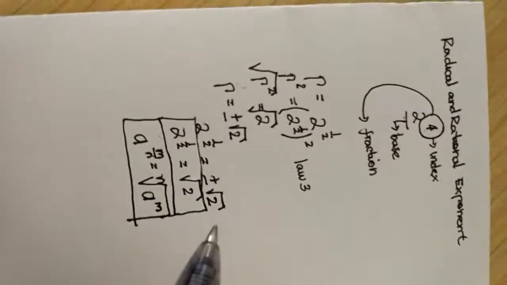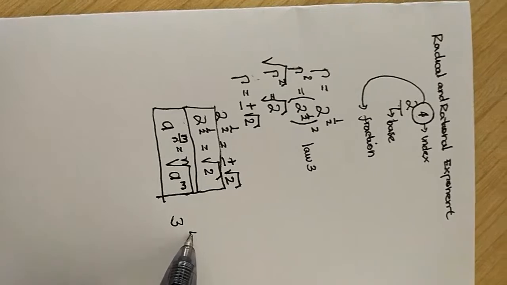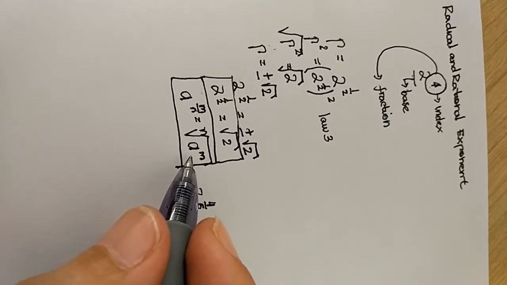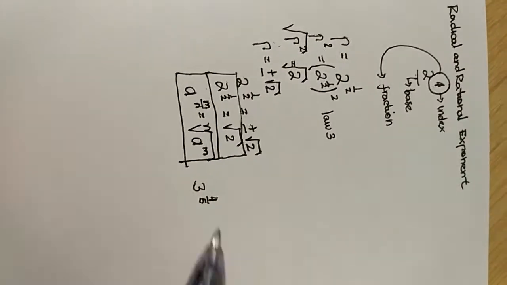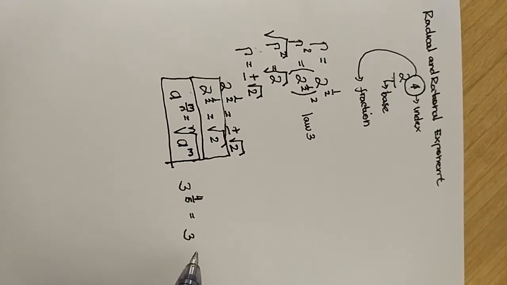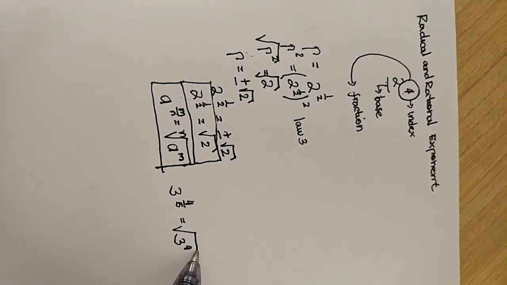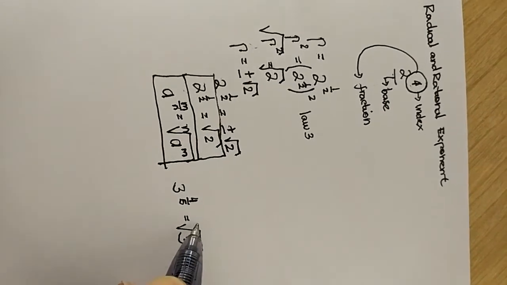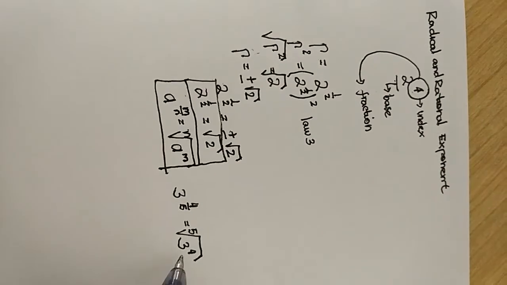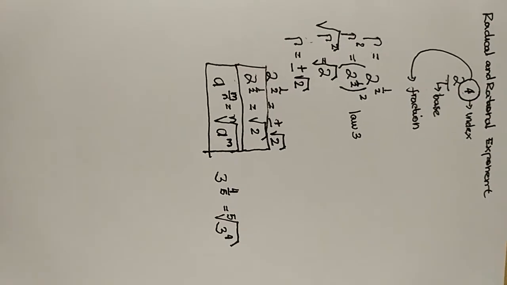For example, if I have 3 to the power of 4 over 5, you can follow this rule or definition. First you write the base, then the numerator becomes the index of the base, then you draw the radical sign and write the 5 on the radical sign. So this will be the 5th root of 3 to the power of 4. I hope you get it for this one.